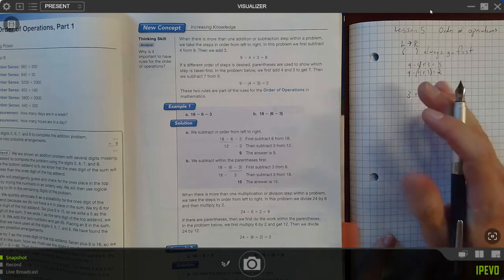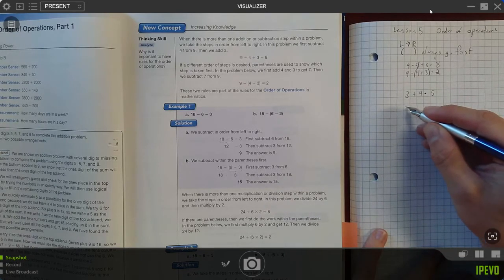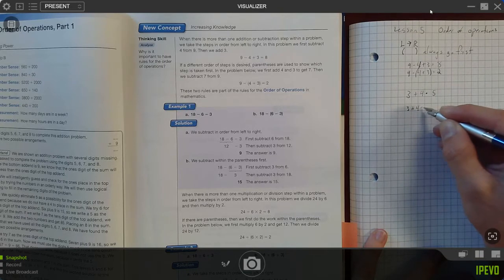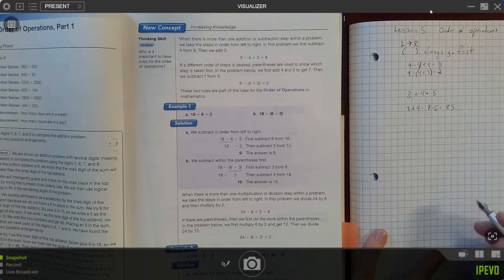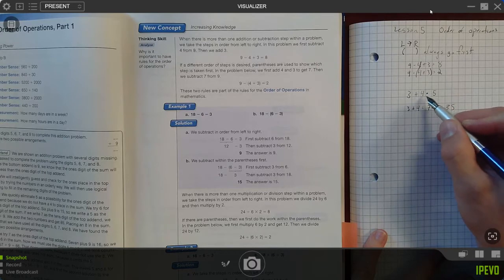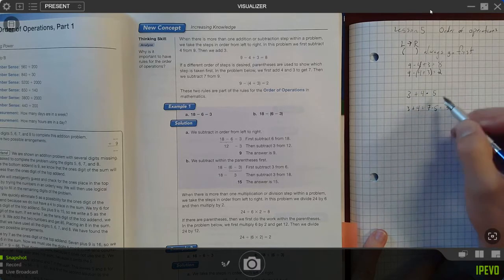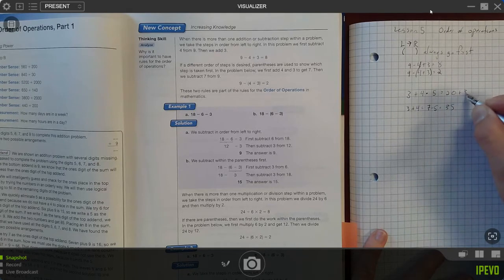Okay, they don't mix with each other. Because, and we can see that, if I do 3 plus 4 equals 7 times 5, that equals 35. Okay. If I do 3 plus 4 times 5, and I do the 4 times 5 first, that is 20, and now I add the 3, that gives me 23.